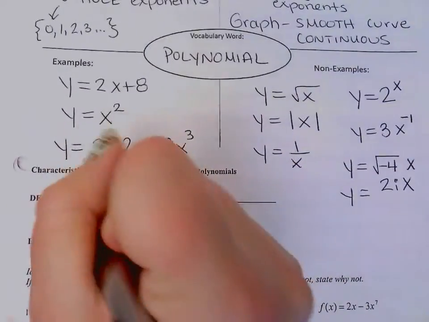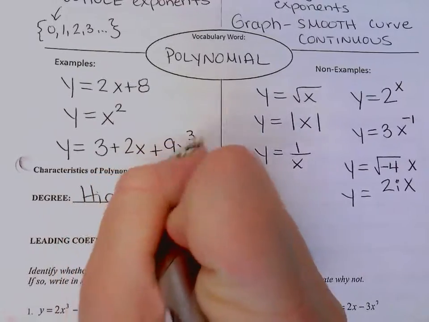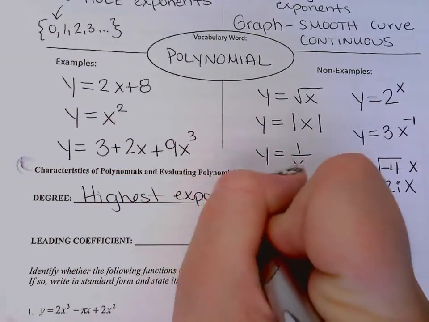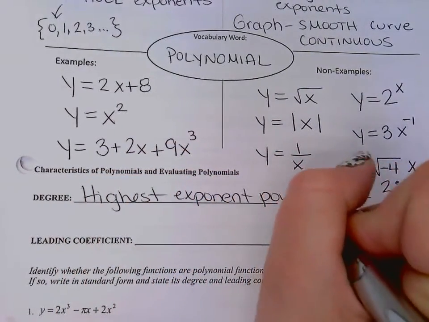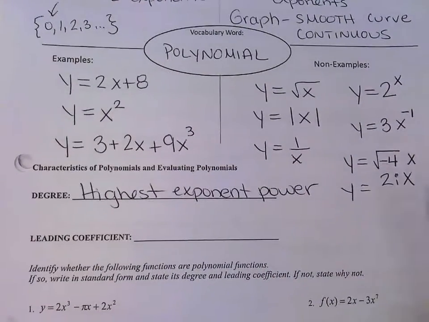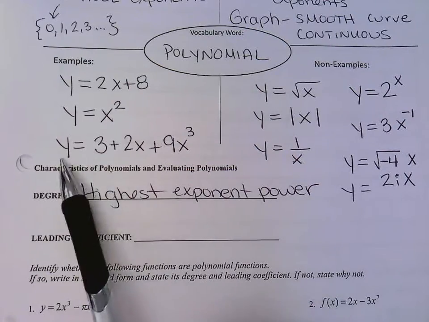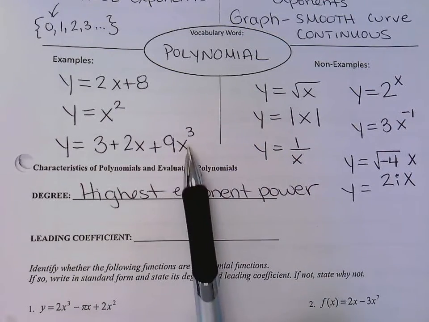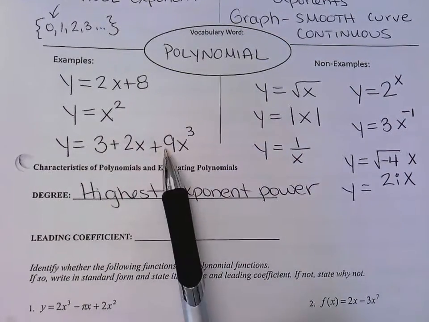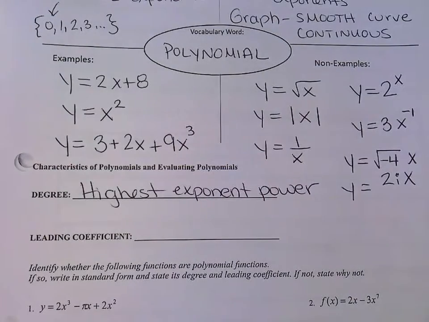So the degree is the highest exponent power. In the example that I just did, this is 9x cubed. Even though this is not in standard form, the highest exponent is x cubed, so this is called a cubic function. So you look at the highest exponent power, and that is your degree.